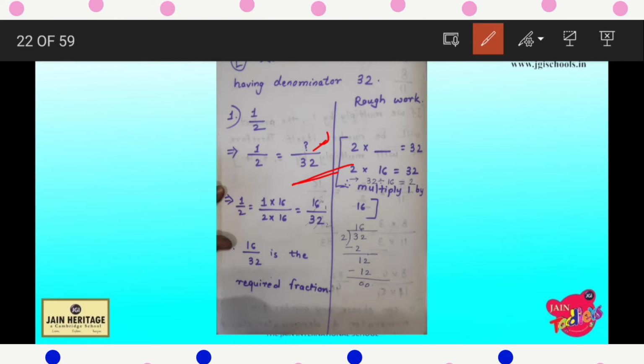Simply divide 32 by 2. Divide one denominator by the other, that is 32 divided by 2. What will you get? 16. So you have to multiply the numerator and denominator by 16. 16 times 1 is 16 and 16 times 2 is 32. So 16 by 32 is the required fraction.